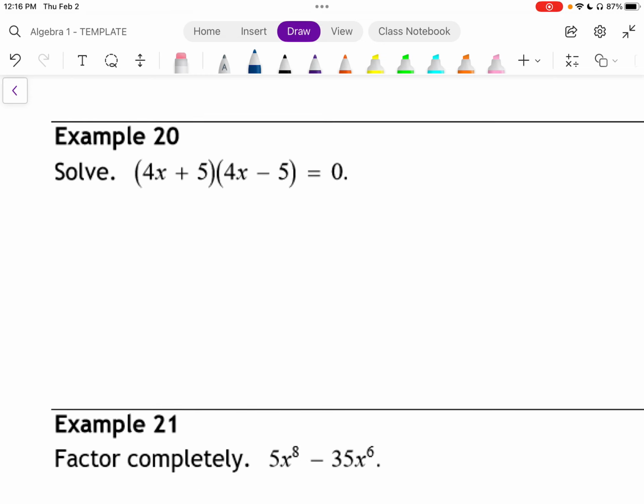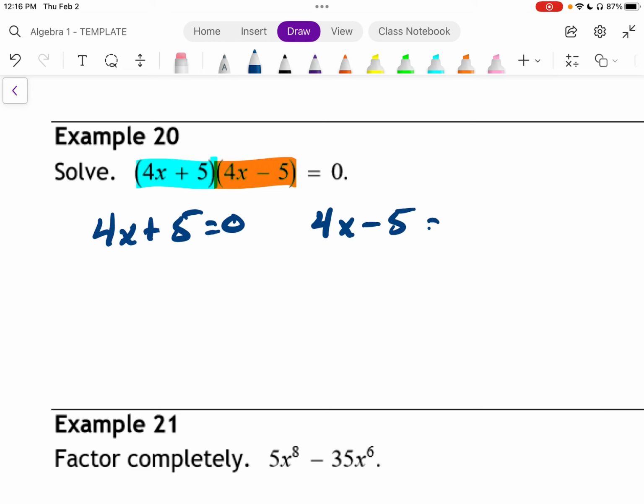Next up, again, we have 2 pieces. We have the left piece and the right piece. I'll say 4x plus 5 is 0, and 4x minus 5 is 0. On the left side, I'll subtract 5, and I get 4x is negative 5. Then I divide by 4, and I get x equals negative 5 over 4.